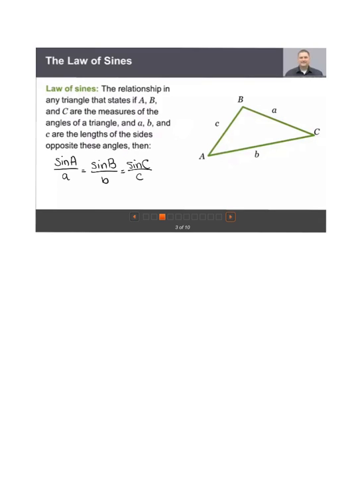Depending on which sides and angles you have, you only need to use two of these. You can also set it up the reciprocal way, right? So we could say a over sine A is equal to b over sine B is equal to c over sine C. So both work, it just depends on what you have and what you know.